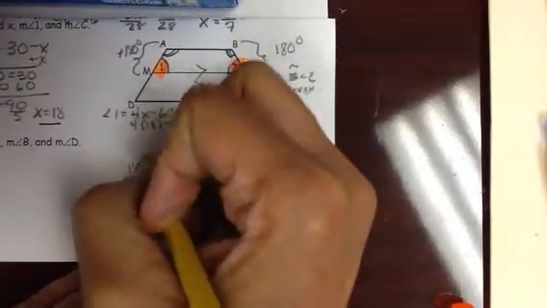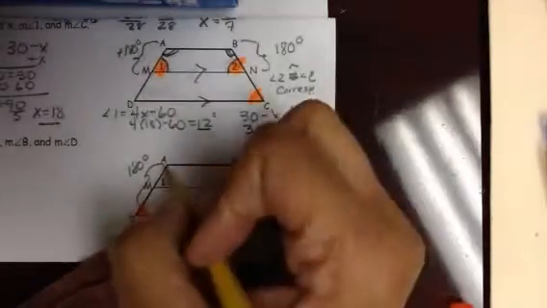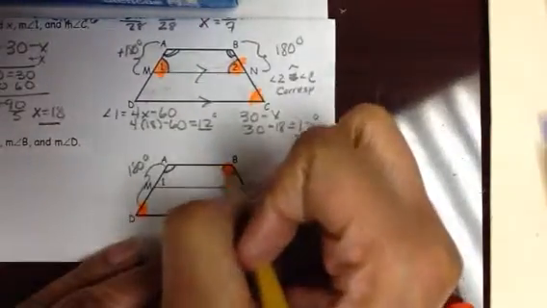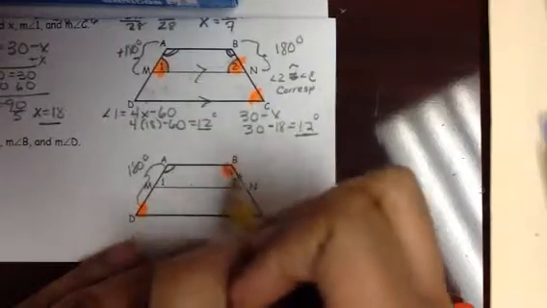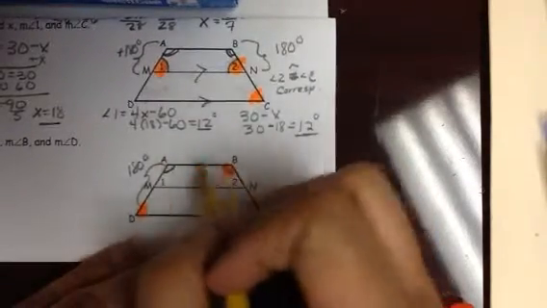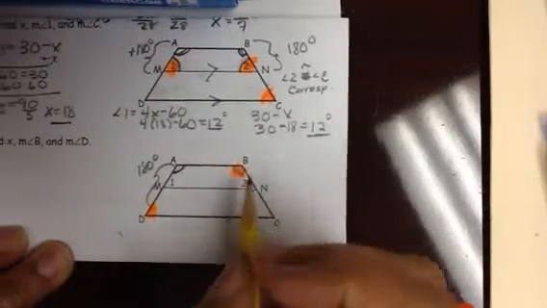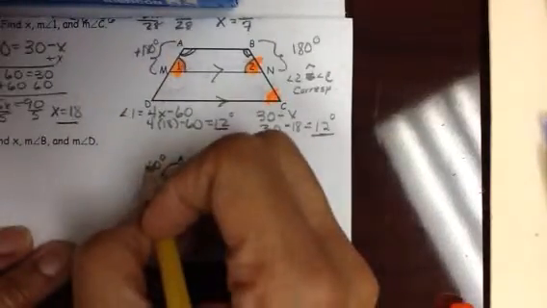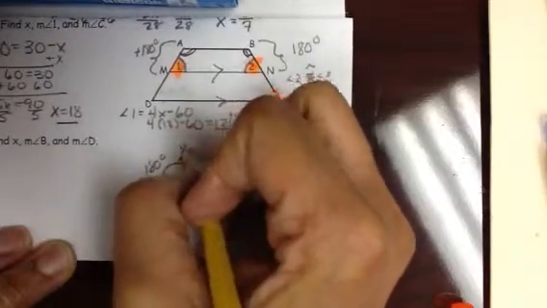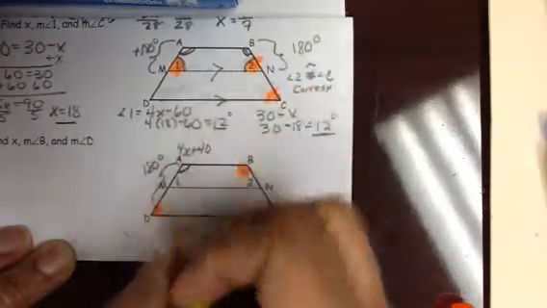So I know those have to add to 180. I know that angle A and angle B are congruent. So if angle B is 4x plus 40, so is angle A 4x plus 40.